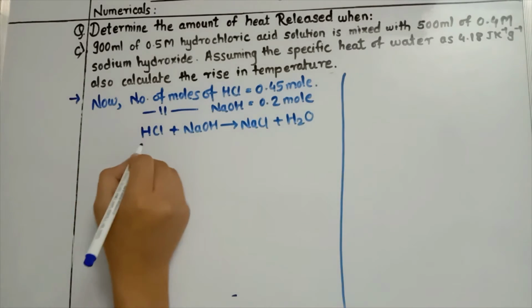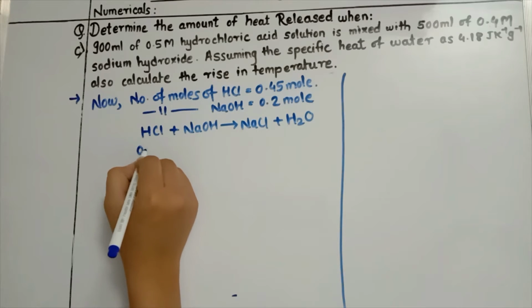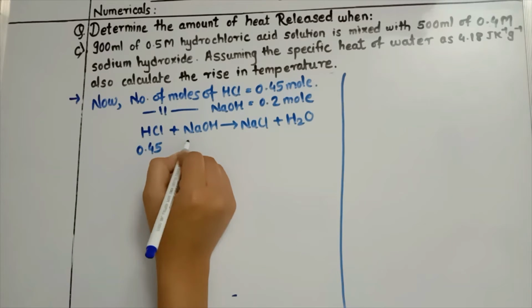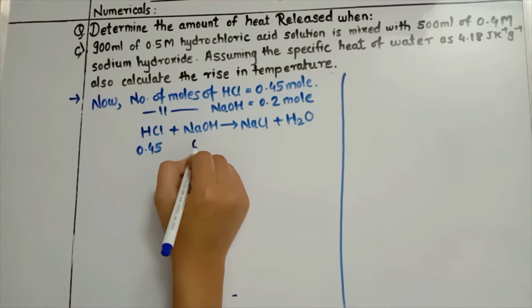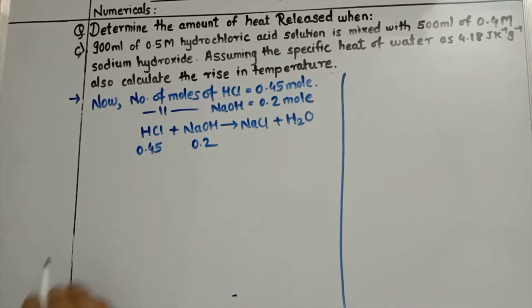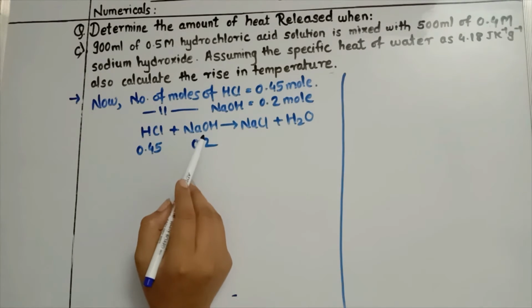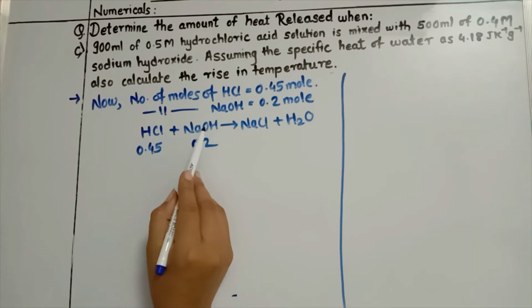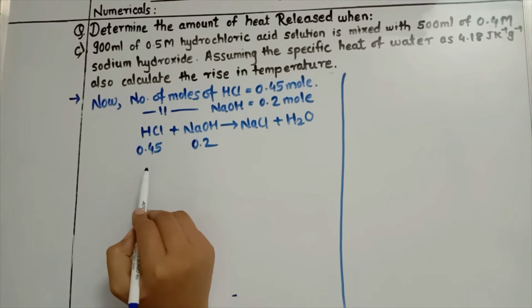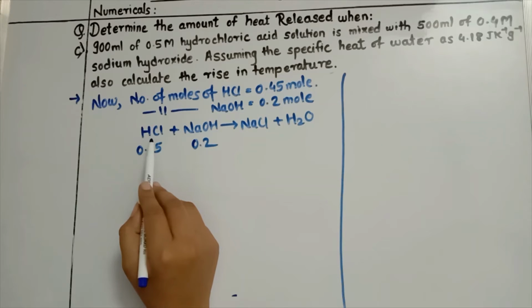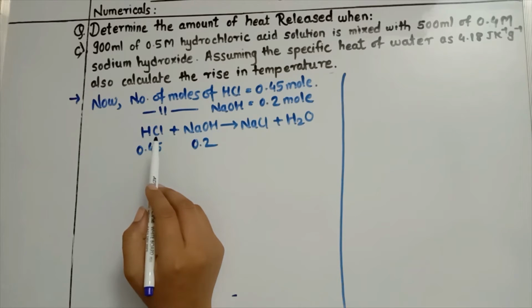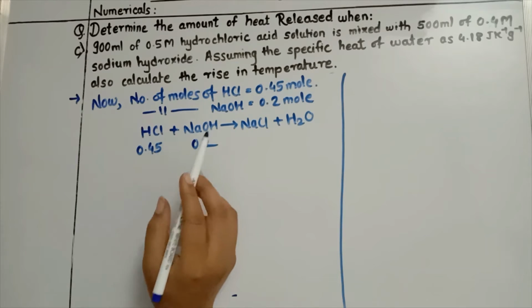HCl is 0.45 moles and NaOH is 0.2 moles. So 0.2 moles of NaOH will react with 0.2 moles of HCl, and 0.25 moles will be unreacted.